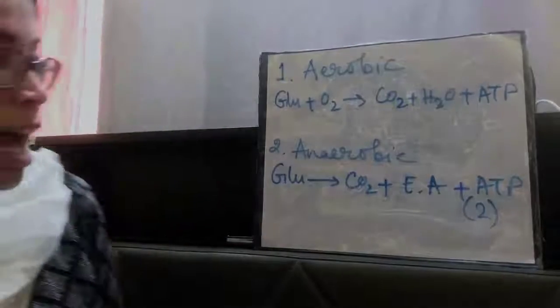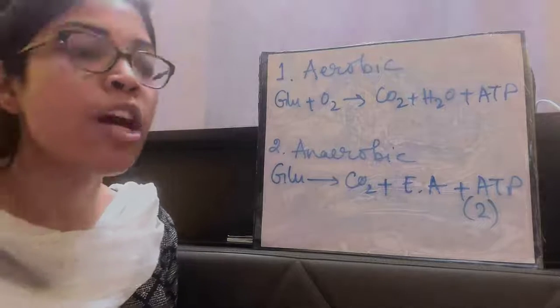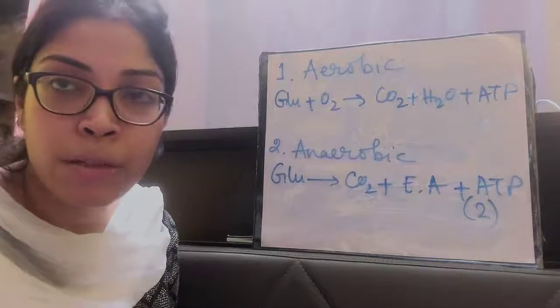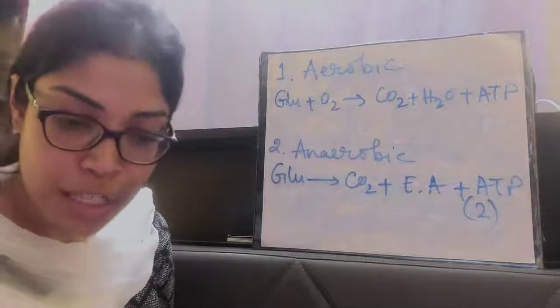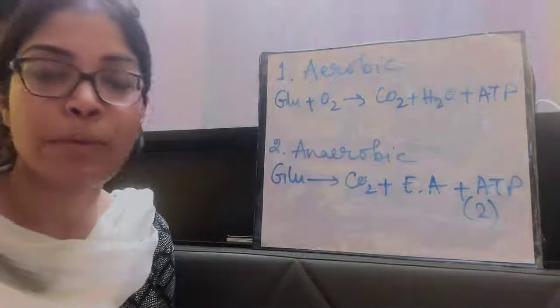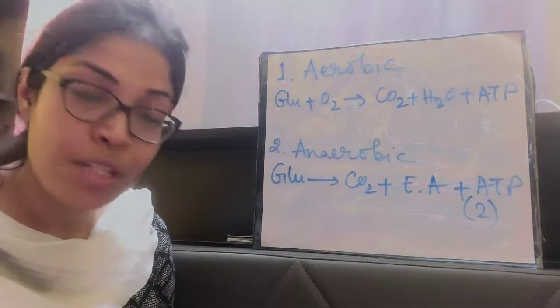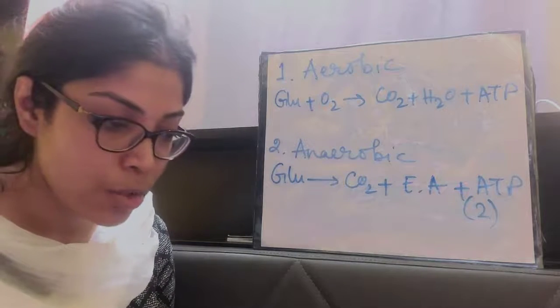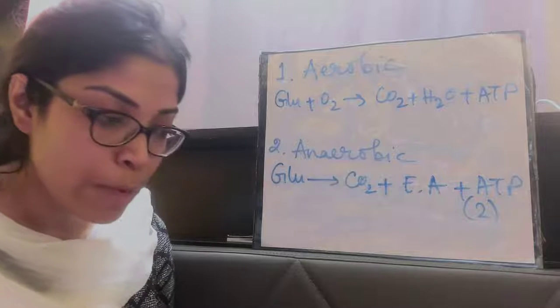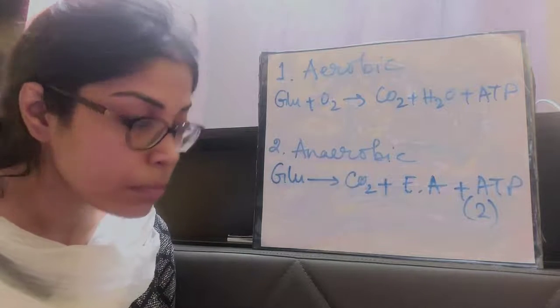Here a less amount of ATP is produced by anaerobic respiration. The energy released in this process is very little. As I told you, only 2 ATP molecules are released from oxidation of 1 glucose molecule.